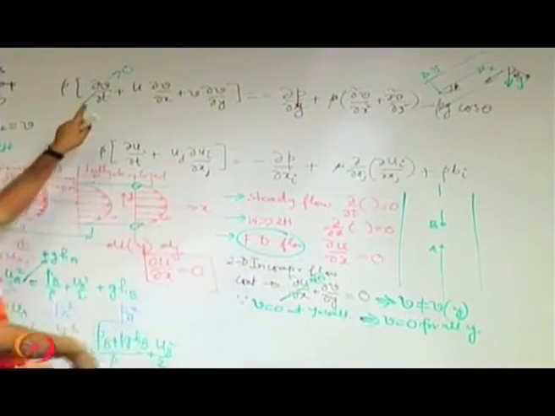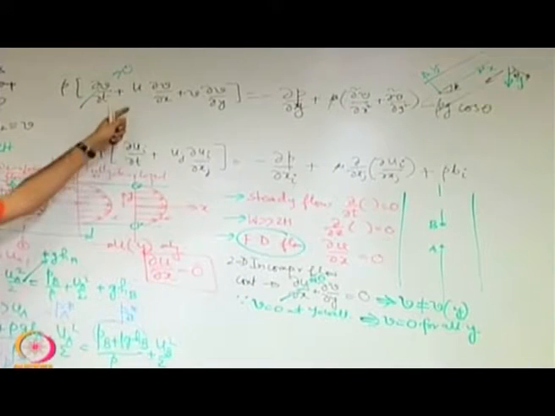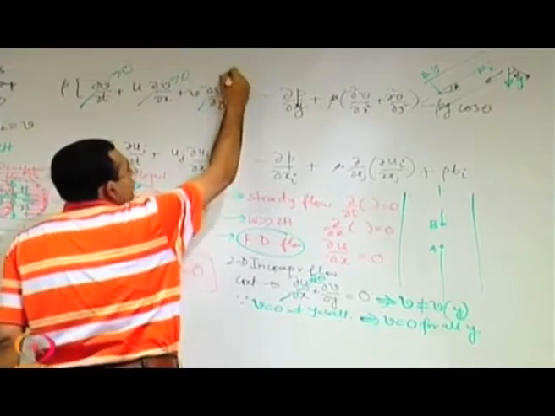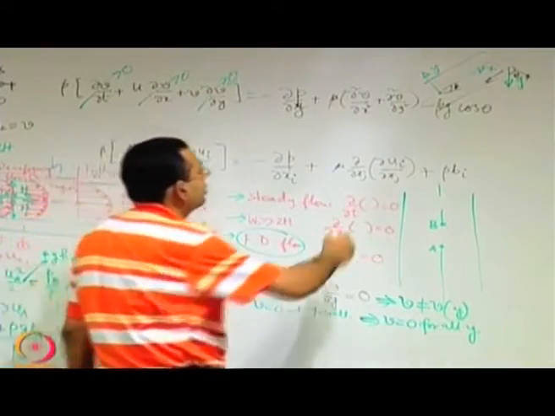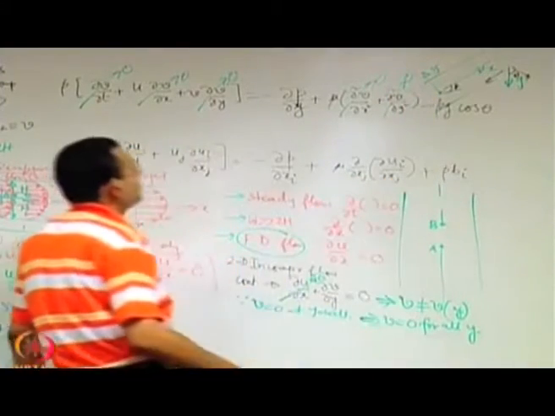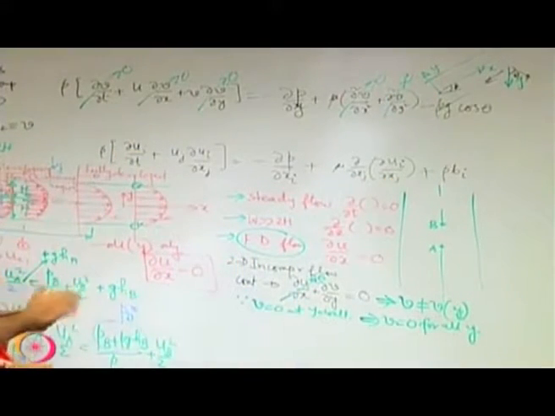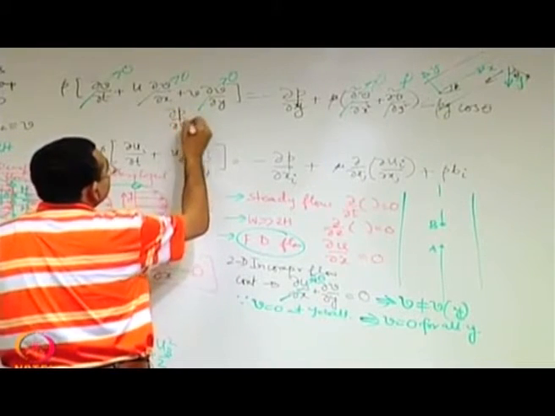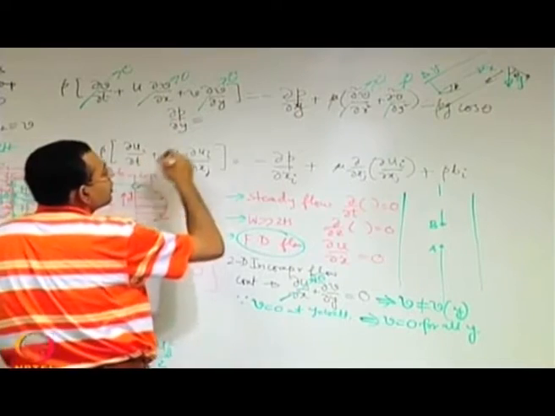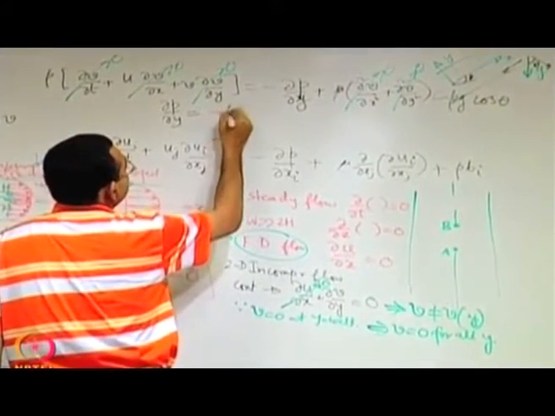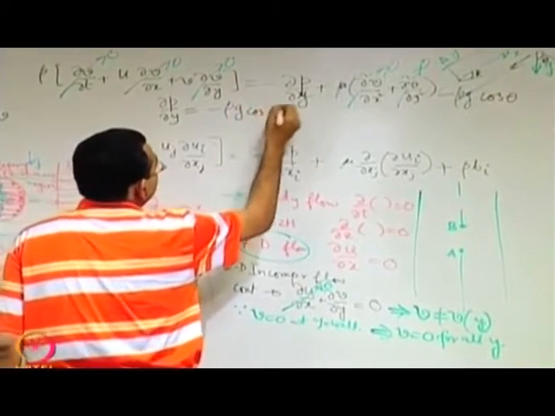Okay. So this is steady flow. Then the next term, V is 0, therefore whatever is involved with V, there is no gradient of V as well, so these terms are all 0, and then this gives you, is equal to minus rho g cos theta.